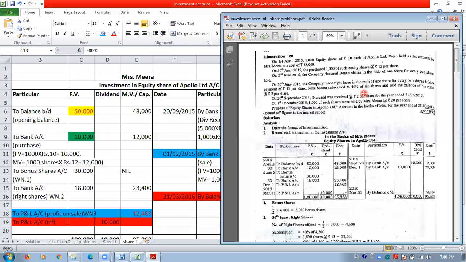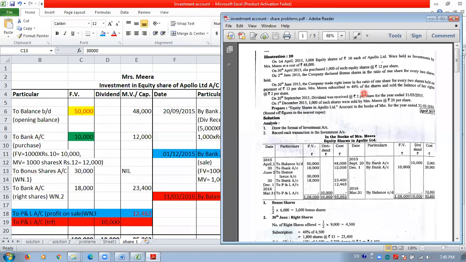Bonus shares are free of cost shares which are issued to the existing shareholders, and rights shares are also issued to existing shareholders, but for that purpose the existing shareholder has to pay the cost, or has to bear a cost.